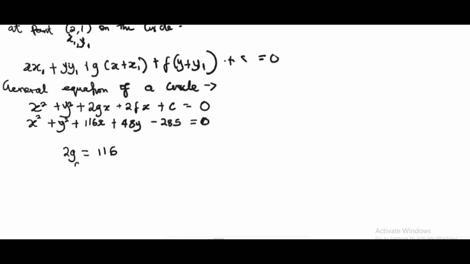That means g, which is 116 over 2, is equal to 58. Now the coefficient of y in the first equation is 2f, and the coefficient of y in the second equation is 48. So dividing both sides by 2 to obtain f is going to be what? 24. All right. So what about c? Our c is minus 285.